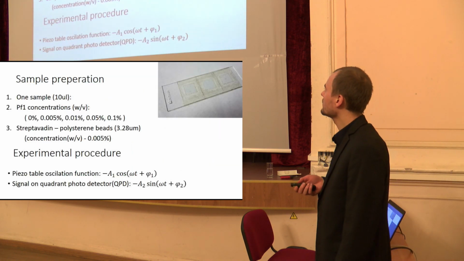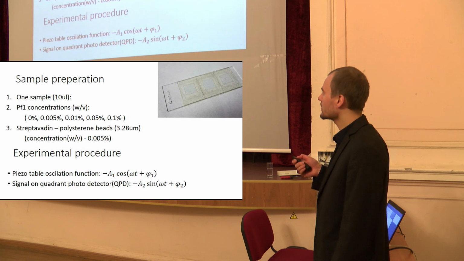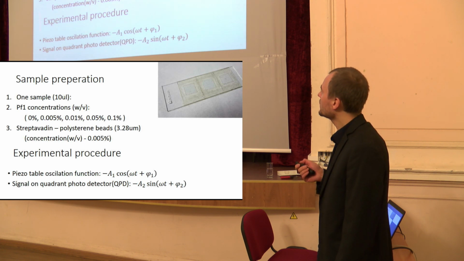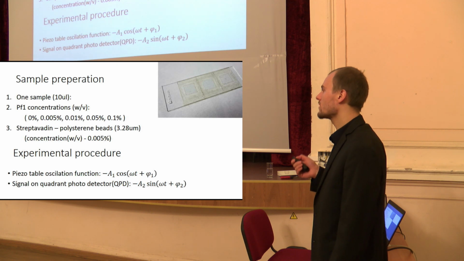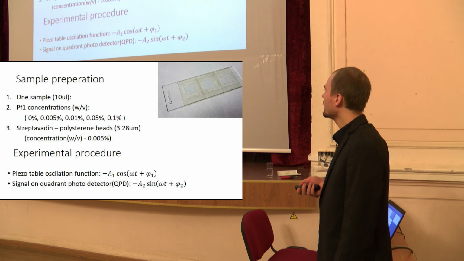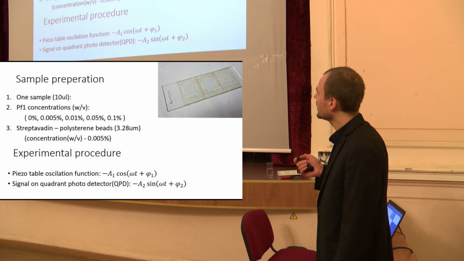The samples that we measured had concentrations starting from just the water sample up to 0.1% of PF1, weight to volume, and we introduced beads that we could capture in the trap, and then oscillate at a certain function. These beads are made of streptavidin polystyrene.